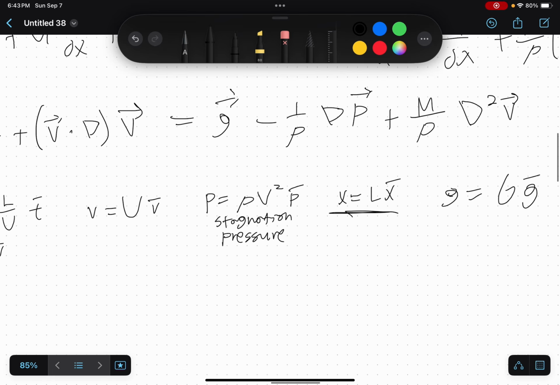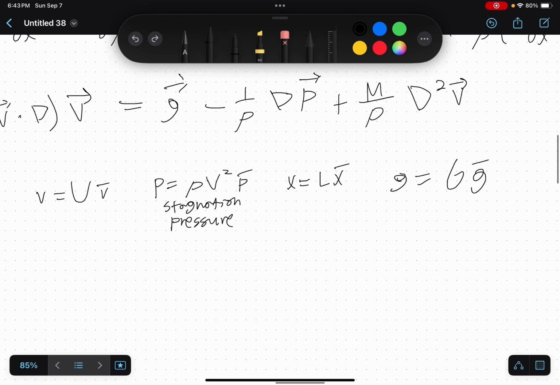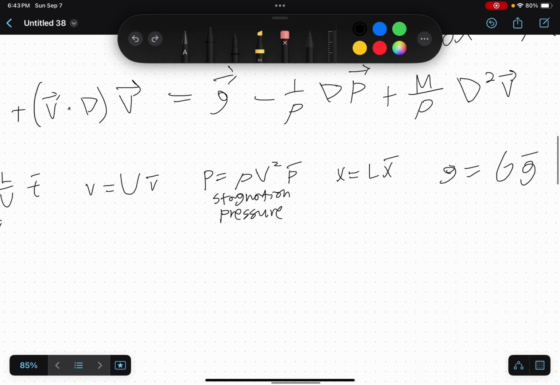Well, this one also. The largest distance in the system is L, and every other distance in the system is a percentage of L. So the percentage is represented by x with a hat. If there's a hat over it or a bar over it, that means it's non-dimensionalized. Same with gravity. You basically take out the 9.81.